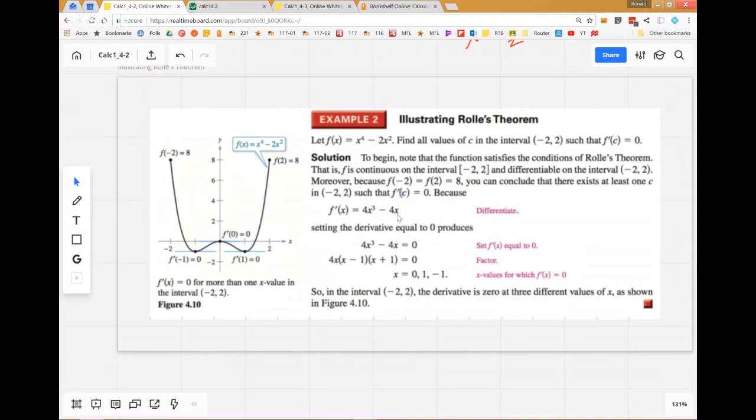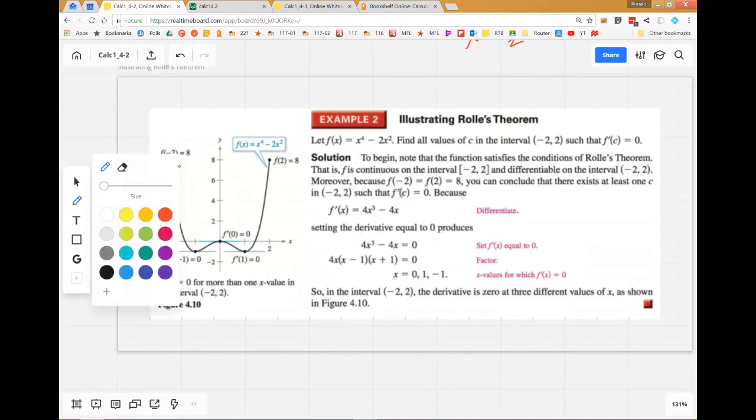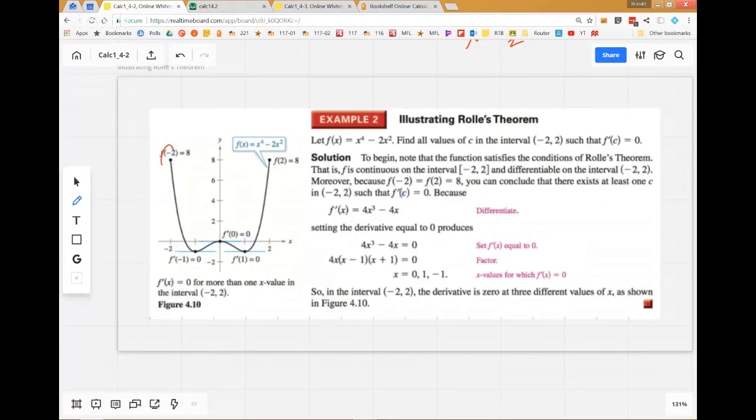Well, at -2, when you plug it into the function, what do you get? -2 to the 4th is 16, and -2 squared is 4, so 16 minus 8 is 8. So the point is (-2, 8), and that's this point here on the left. And if you plug in a positive 2, you'll also get an 8. So you see we have two points of equal height.